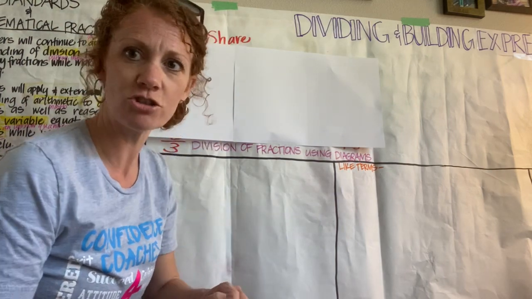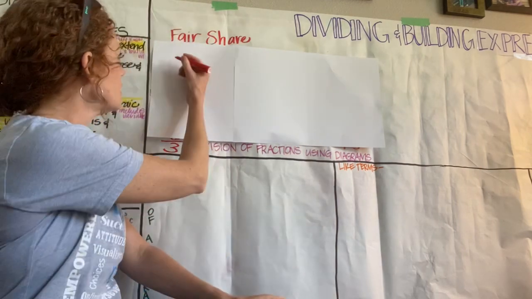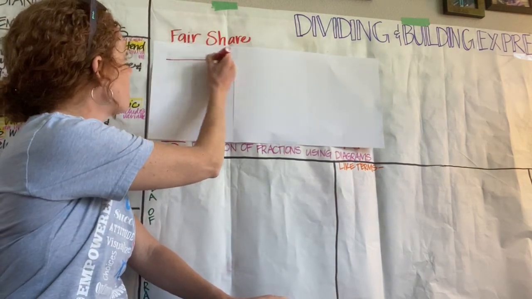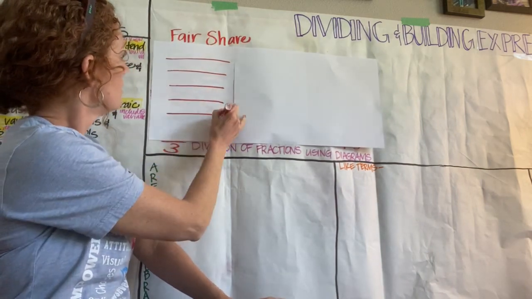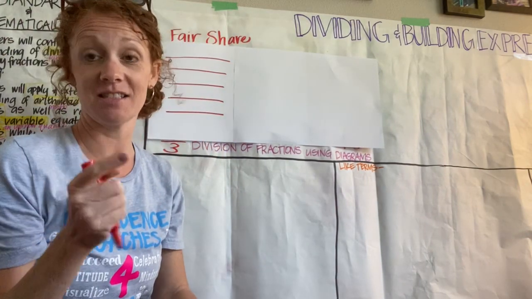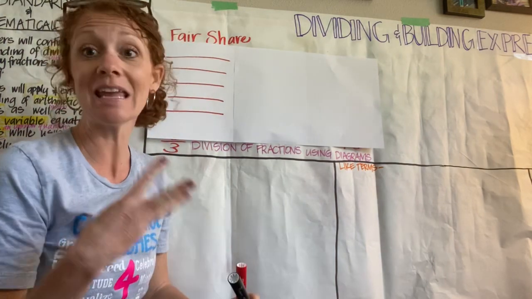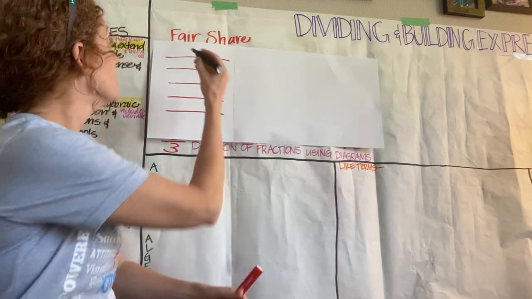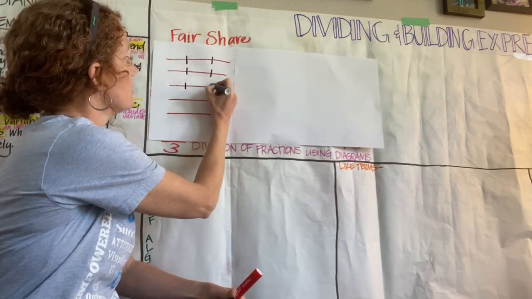All right, ladies, so show us what you were thinking. And here's what Isabel shared with me. She said, okay, if we have 5 pieces left, and there are 3 of us, we are gonna break each piece into 3 equal parts, okay? So 3 equal parts.